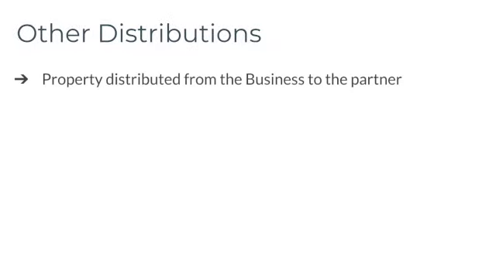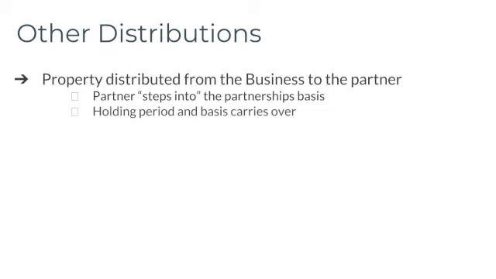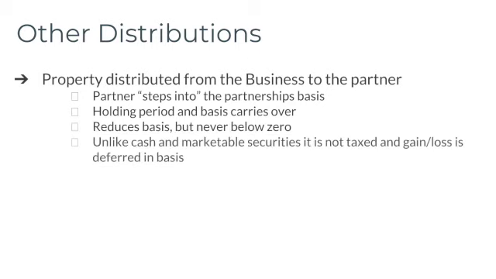Property distributed from the business to the partner. Just like when the partner contributes property to the partnership, the partner steps into the partnership's basis. The holding period and depreciation basis carry over. And of course, it reduces the partner's basis in the partnership, but never below zero.